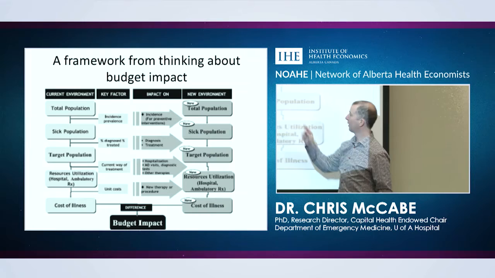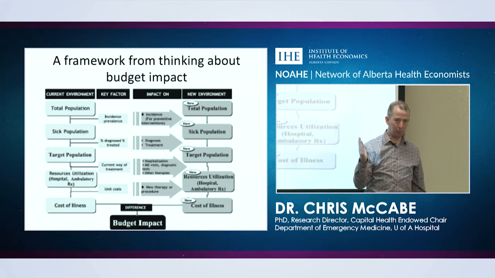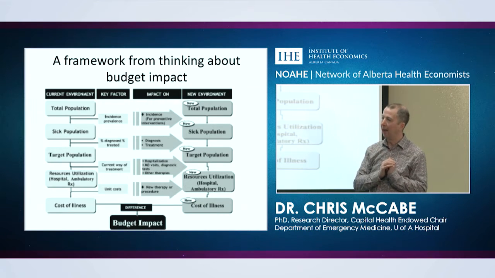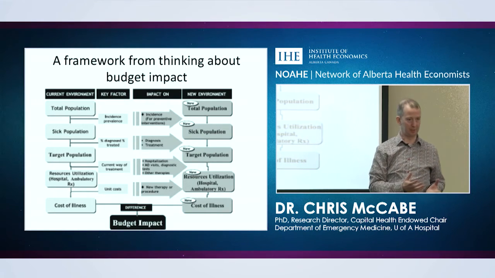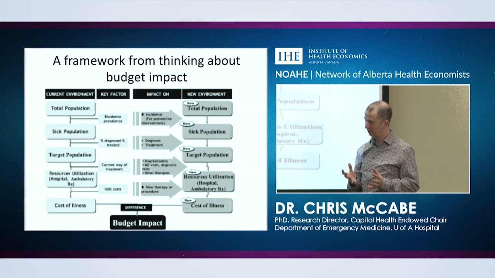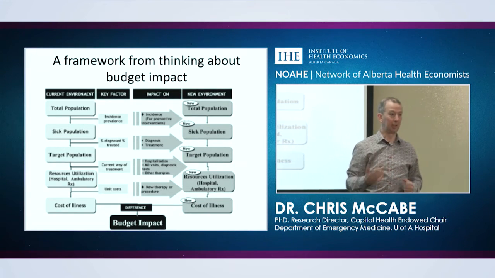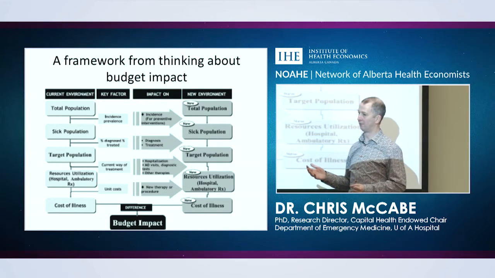So it's marginal, arguably, but our total population may not be just a linear extrapolation of this year's population. For some of these therapies, we're looking about keeping a substantial number of people alive who would otherwise have died.